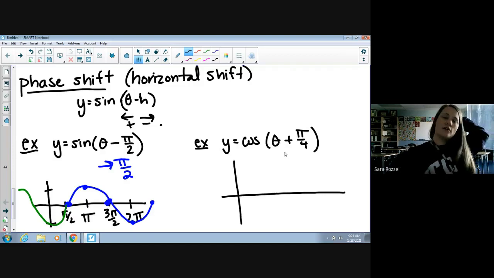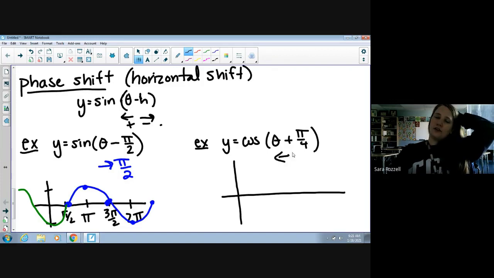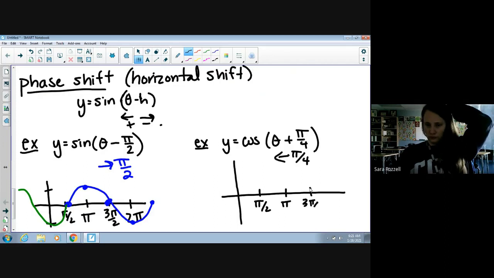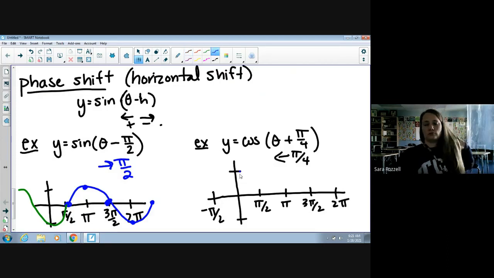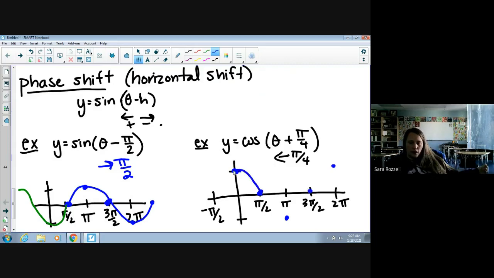Now for our other one, which way are we going to go? To the left, and we're going to the left, pi over 4. So cosine starts up at 1, ends at 1, middle is -1, 0, 0, connect.